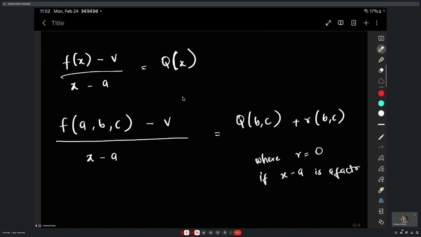Since it is supposed to be divided by x minus a, x minus b, x minus c, I have f of a, b, c minus v over x minus a, x minus b, x minus c, so it will be equal to q of something, and then R of whatever. Q of x now.